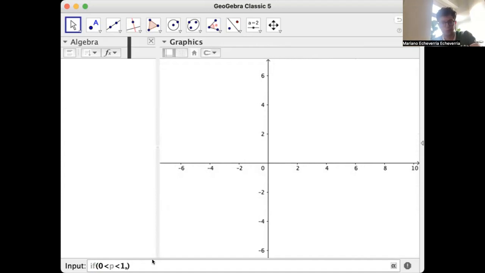So I'm going to put minus P ln of P. Let's see if it understands it. And if not, I will just change it to X, because that may be better for GeoGebra to understand. Yeah, I have to use the letter X, but it's the same.